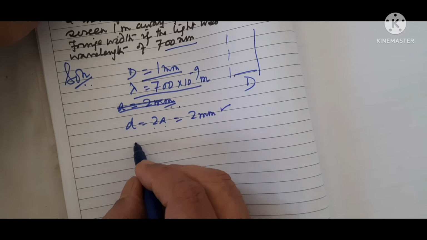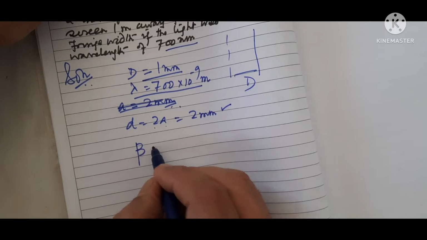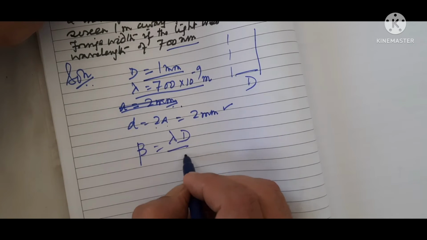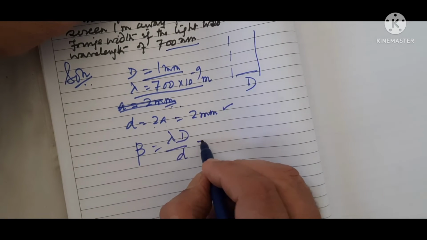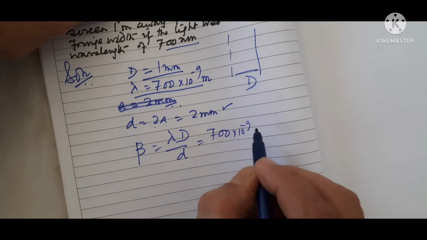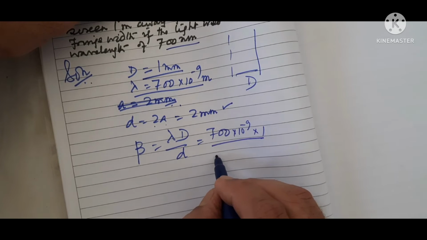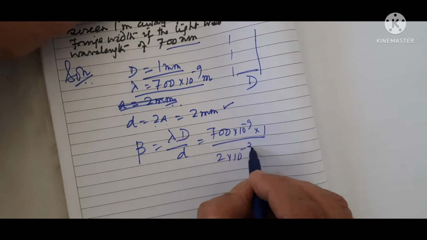So we have to find only the fringe width, that is beta equal to lambda capital D by small d. Put the value: 700 into 10 to the power minus 9 into 1 by d, which is 2 millimeter, means 2 into 10 to the power minus 3.